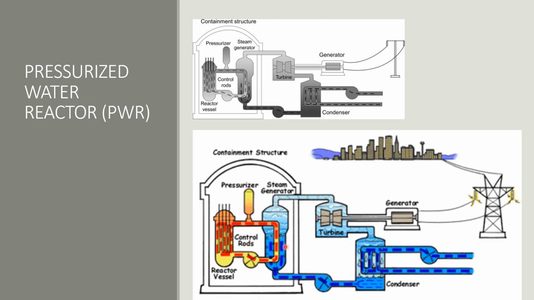We use a heat exchanger, or steam generator, which converts the water coming from the condenser or pump into steam, and it is passed through the turbine generator, and then goes to the condenser. So we use this pressurizer to increase the pressure and the boiling point of the water, so that at high temperatures the water does not get converted into steam.